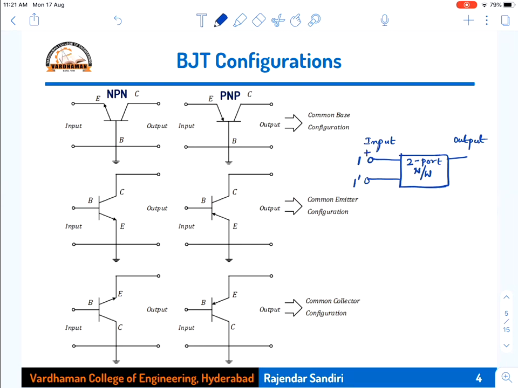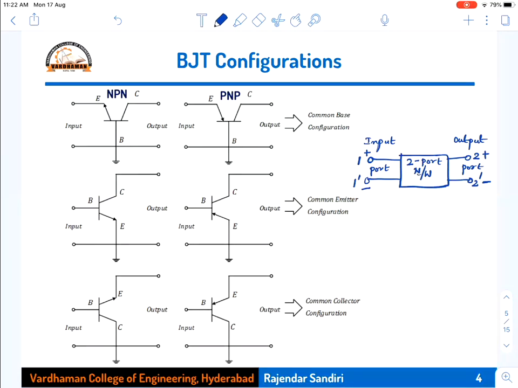I can represent 1 as plus and 1 dash as minus, positive and negative. On the output side we also have two terminals, 2 and 2 dash. 2 is positive, 2 dash is negative. Together, positive and negative, we call this the input port, and this the output port. So input has a port with two terminals, output has a port with two terminals. This network we call a two-port network.